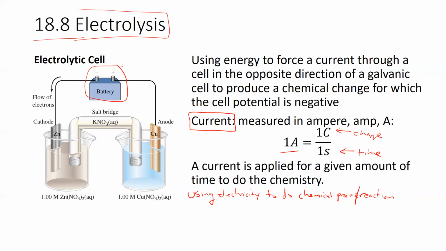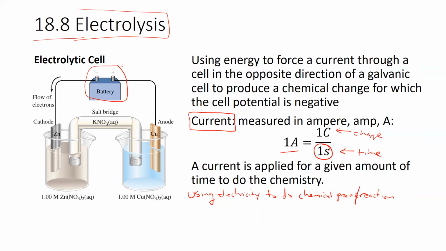And the chemistry that we do is dependent upon how long do you force those electrons and at what current do you force those electrons? Because the current is going to be, well, look at it this way. If you apply a current for a certain amount of time, right? So current, which is in amps, times time, your units cancel.